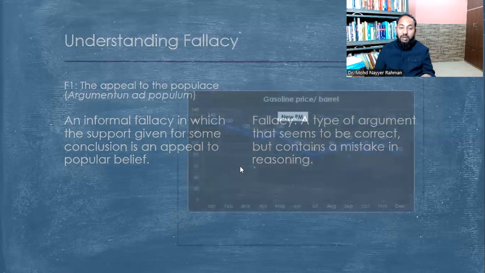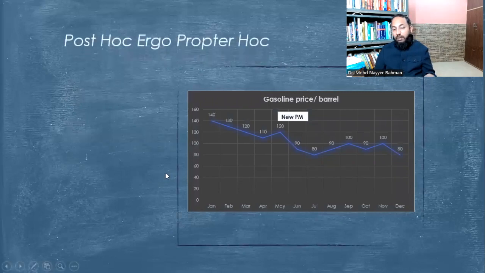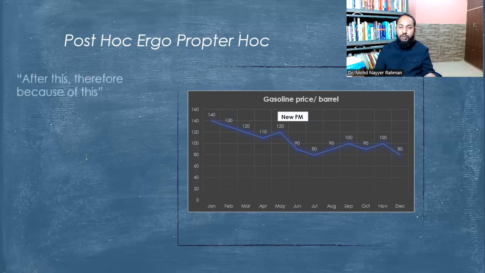If we see a specific example, suppose in a country we have a new petroleum minister, and you can see the gasoline prices per barrel in this particular chart. Now here, this fallacy is known as the post hoc fallacy. The full name is post hoc ergo propter hoc, but in short it is known as the post hoc fallacy.